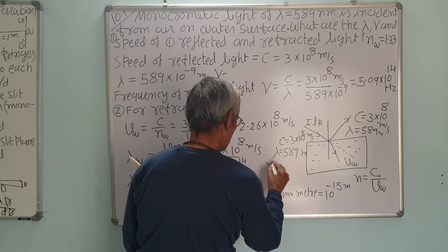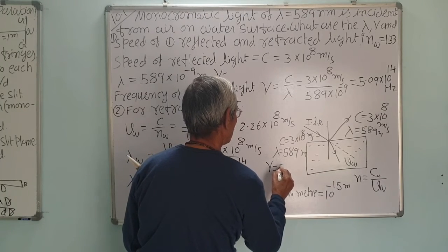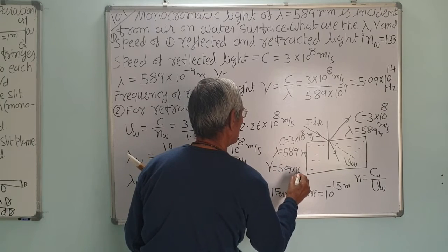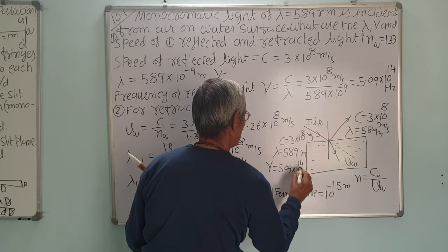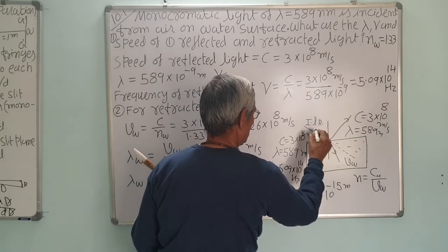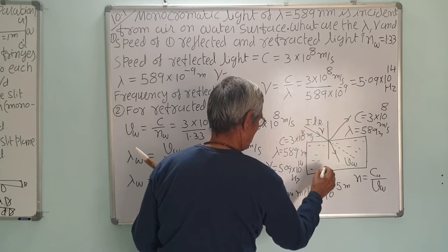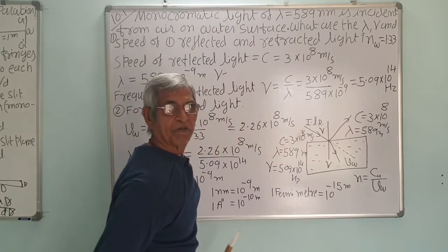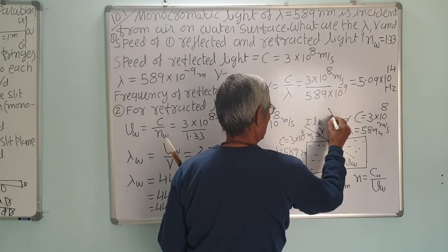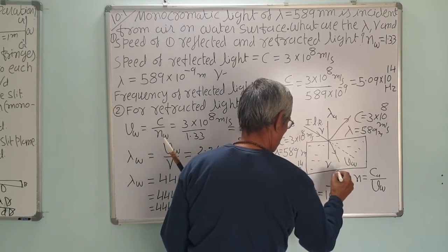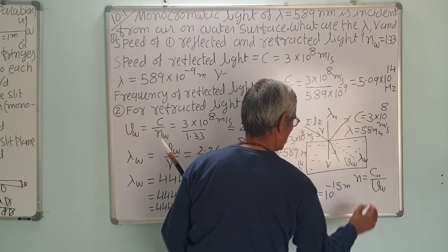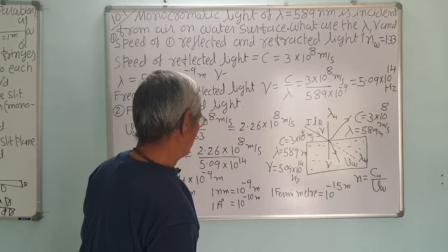Frequency is 5.09, remember, into 10 raised to 14 hertz. Here also the frequency will be the same, nu. Frequency never changes, only lambda changes. Say here it is lambda air, then here lambda water, correct?